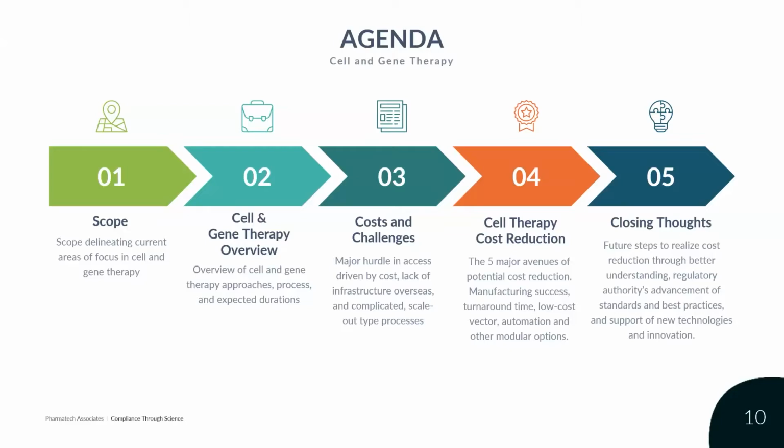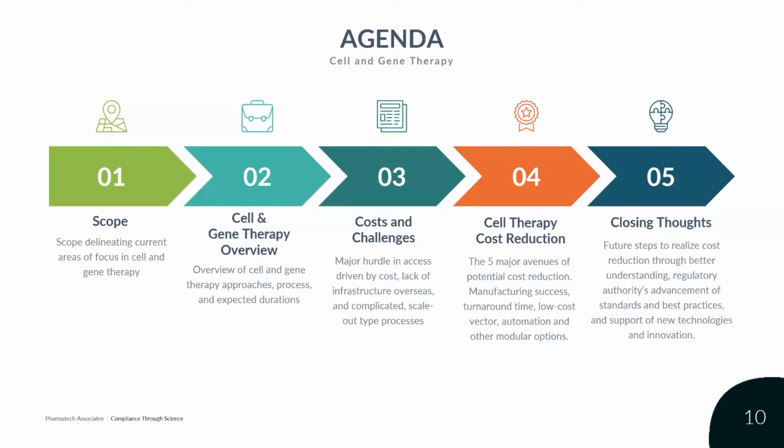And then I'll eventually present some closing thoughts, on where we hope the industry will head, to not only make way for better standardization, but hopefully more regulatory advancement of standards and best practices, and supporting new technologies and innovation.